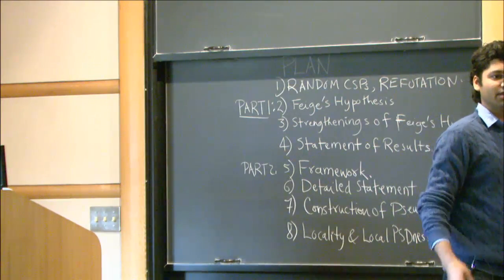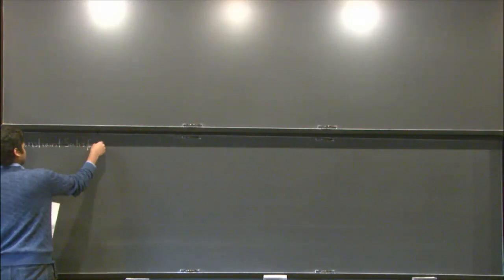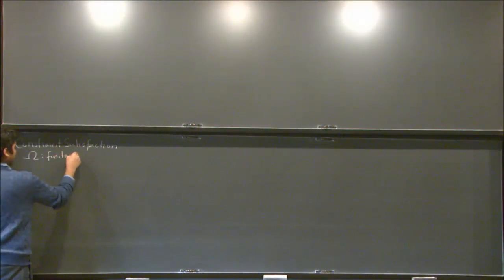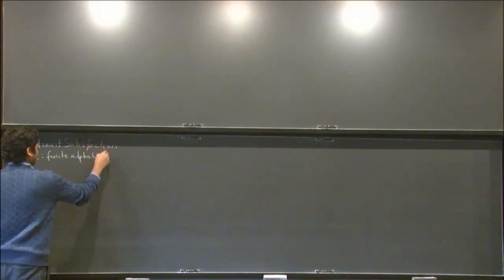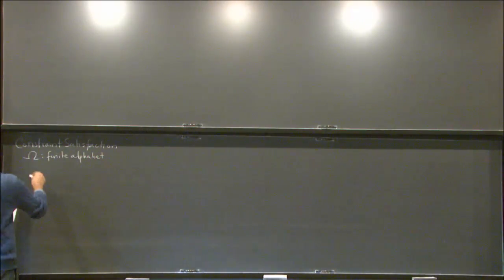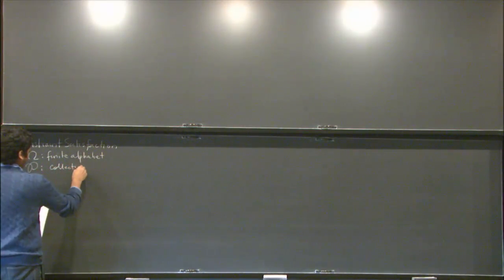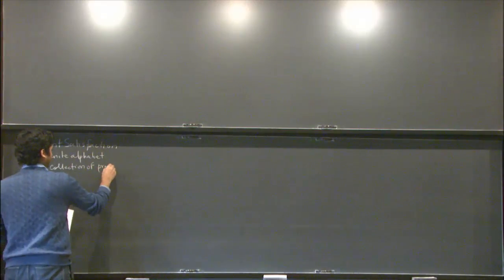All of you already know about constraint satisfaction, but let me just define it in all generality so that I can state the results, and also this will serve as a setting notation for what's going to come ahead. So you have a finite alphabet omega, and you have some script P, which is a collection of predicates.